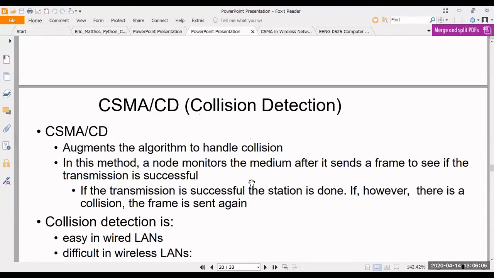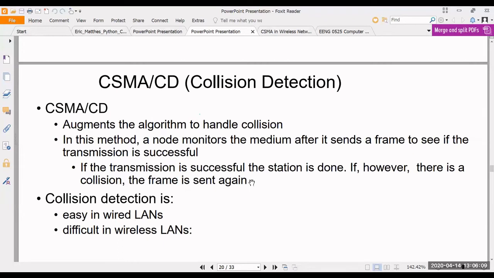We are supposed to discuss CSMA collision detection and CSMA collision avoidance. Those two handle the collision in CSMA. It's the same technique or the same idea, but implemented differently because of the different media we have: a wireless medium and a wired medium, right?